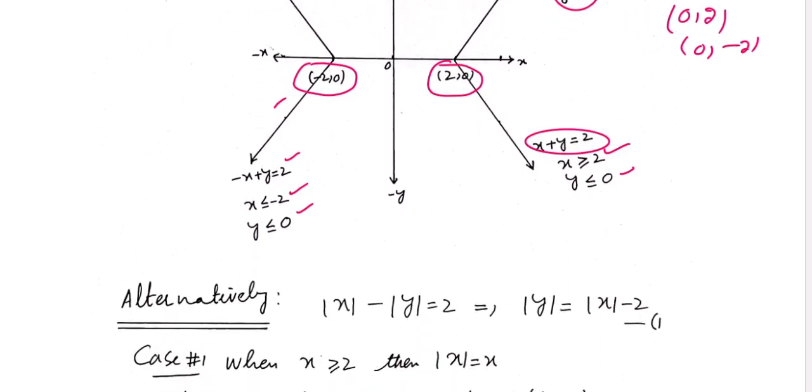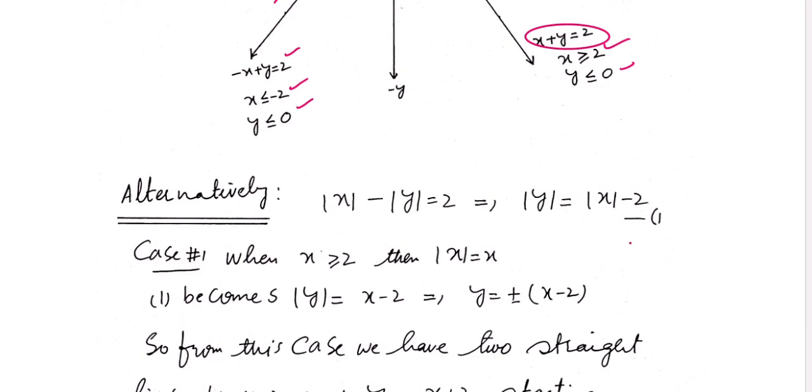Okay. Next, I give a very simple method to solve this equation without finding x and y intercepts. We can write it as absolute y is equal to absolute x minus 2. Case number 1, when x is greater than or equal to 2. As x is greater than or equal to 2, in this case absolute x will be equal to positive x.